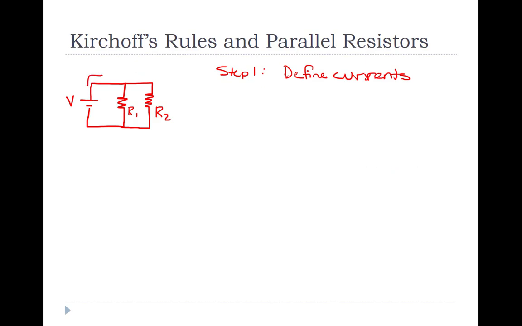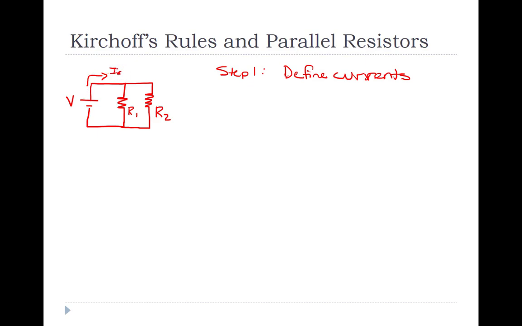Sometimes it does help to give a little bit of attention to the circuit and make an educated guess, if you will. But sometimes it's very not obvious which way it should go. Okay, so I'm going to define the current coming out of the battery.